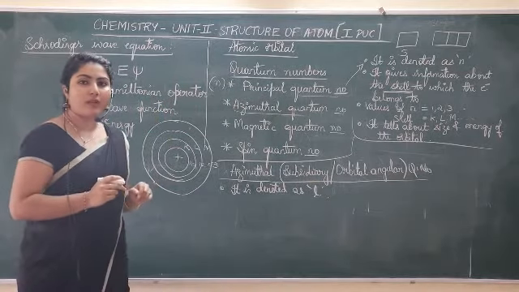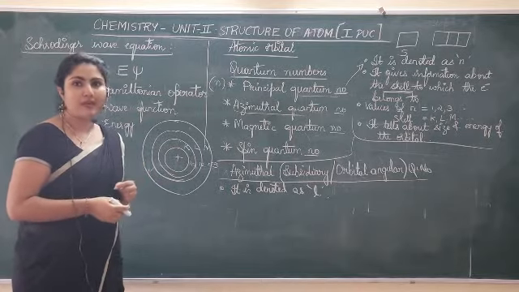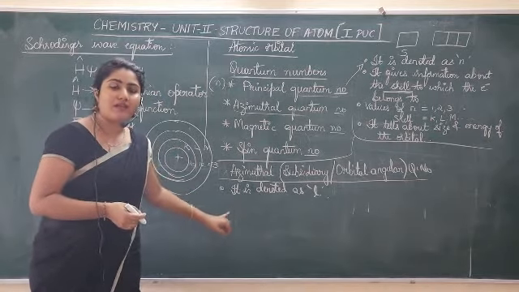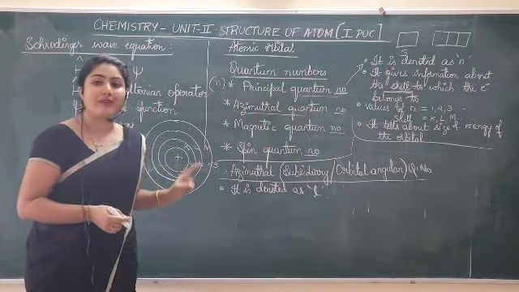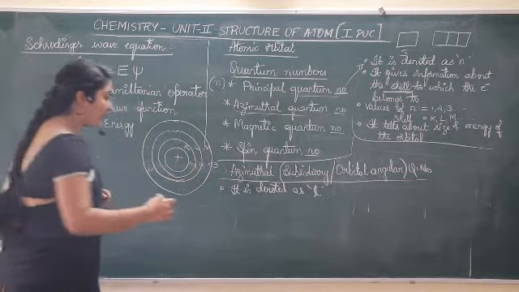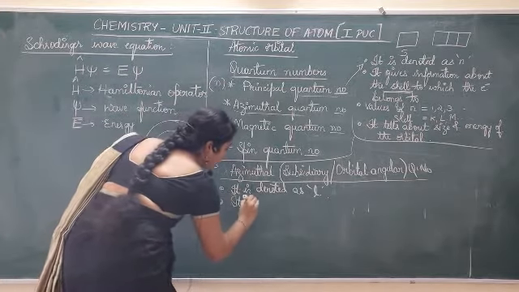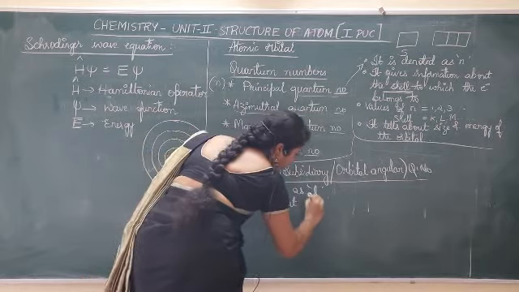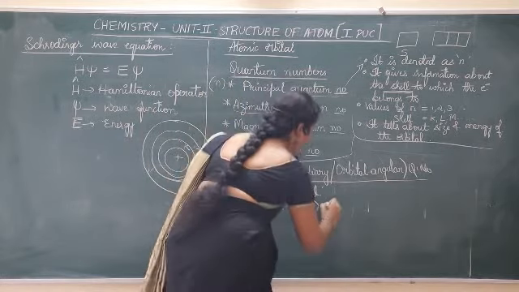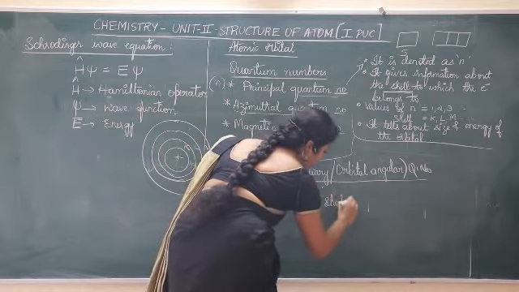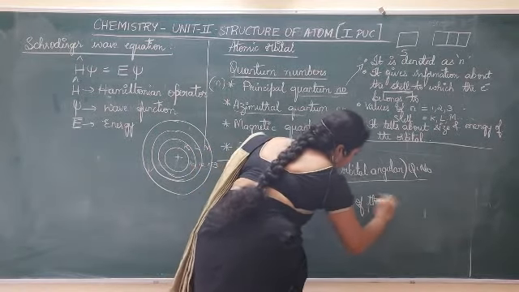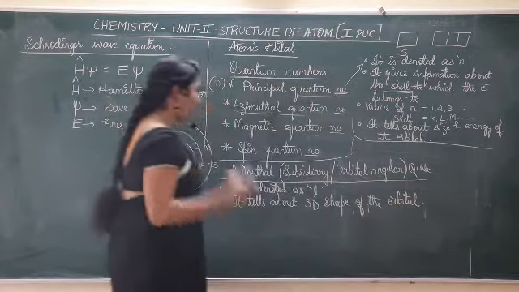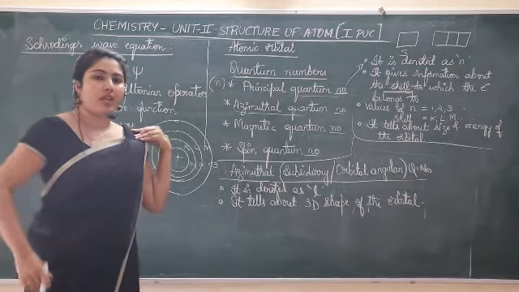What does this give information about? Now we were telling that quantum numbers explain about the orbitals. It explains, or it gives information about the three-dimensional shape of the orbital.